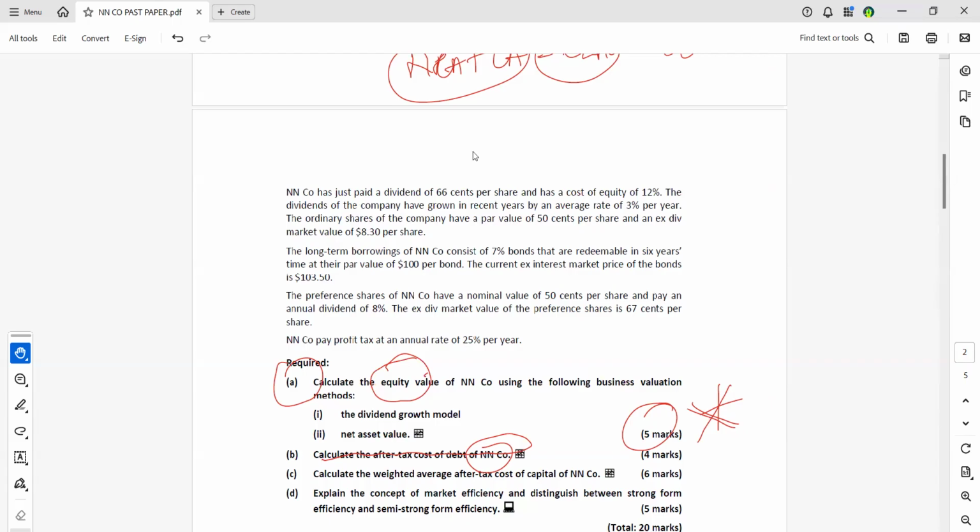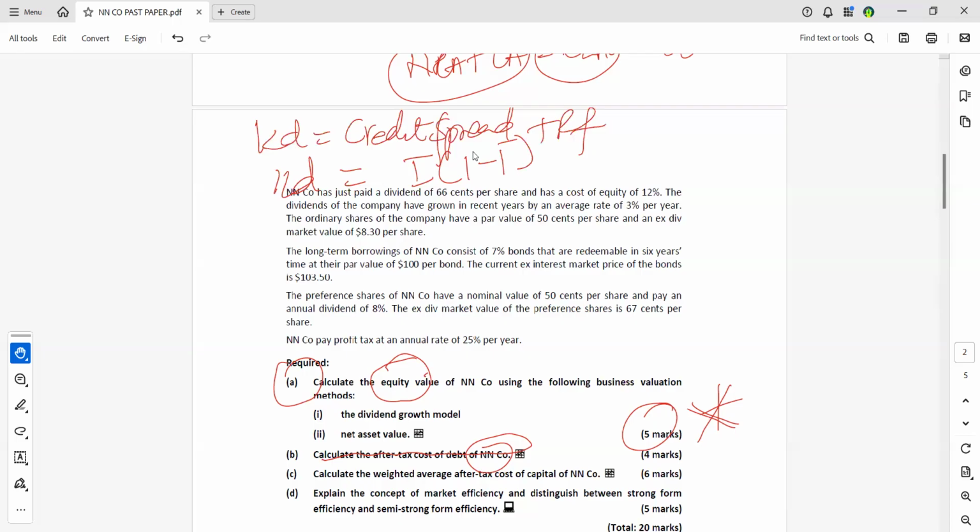We have various forms of calculating the KD. In calculating KD, you can use the credit spread plus risk-free rate. You can calculate KD using the interest, 1 minus T, over the market value.